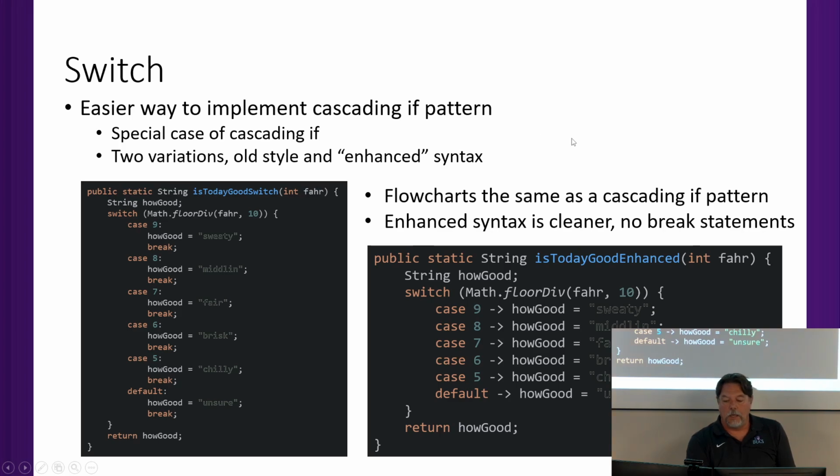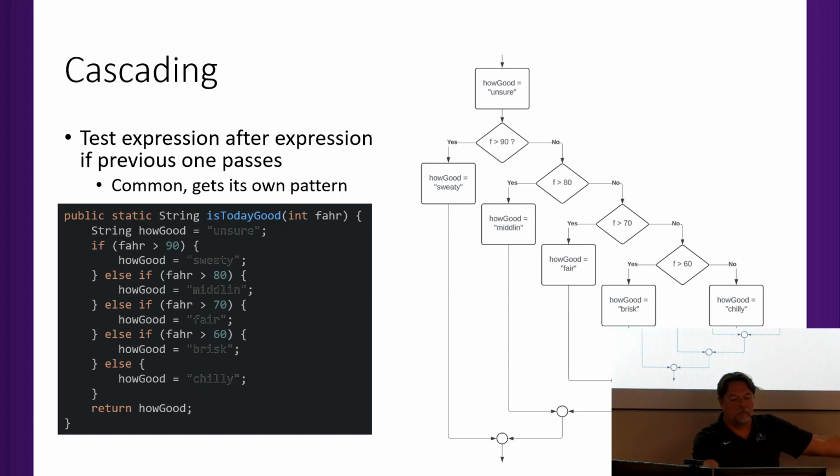The next one is the switch. So this is a special case of the previous one. This one is close, but there's a distinction between when the cascading if is appropriate and when the switch statement is appropriate. Notice these expressions. Is f greater than 90? Then do this. Else, if it's greater than 80, do this.